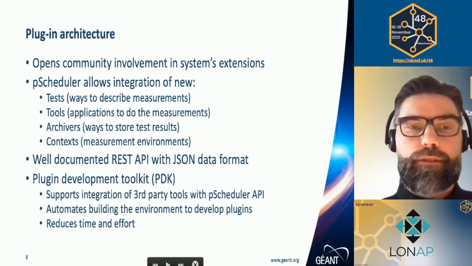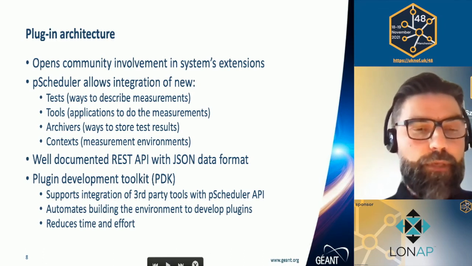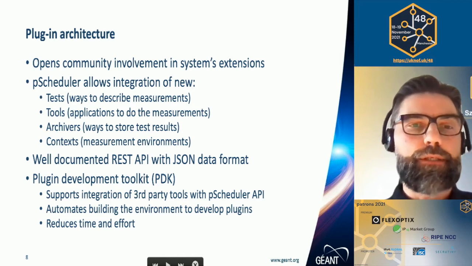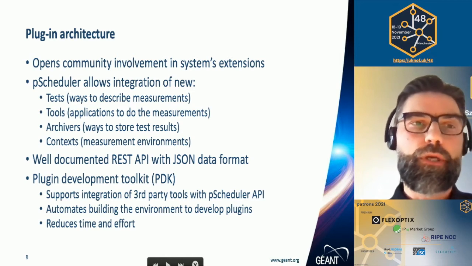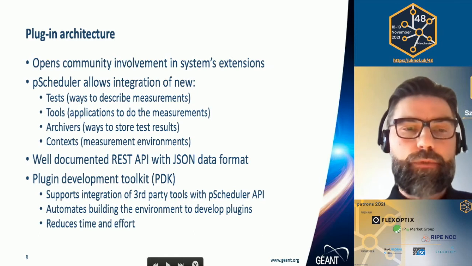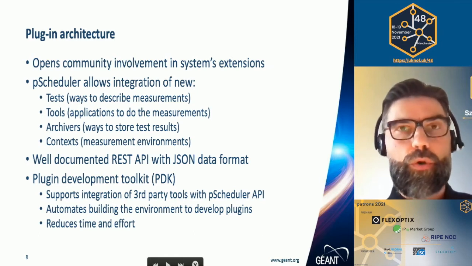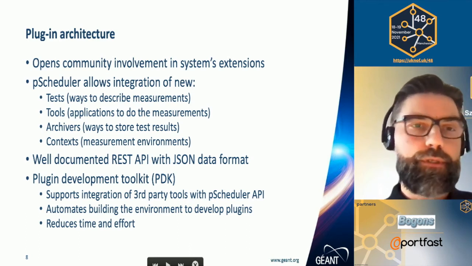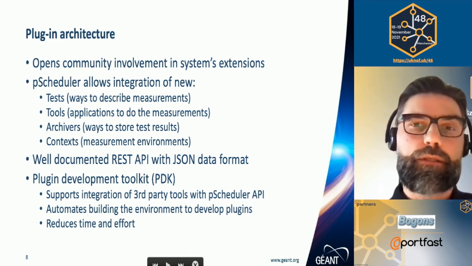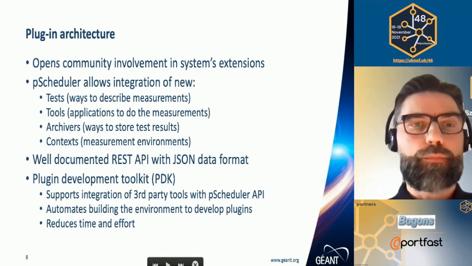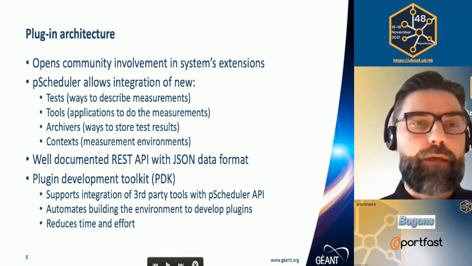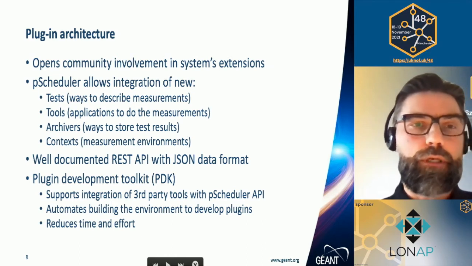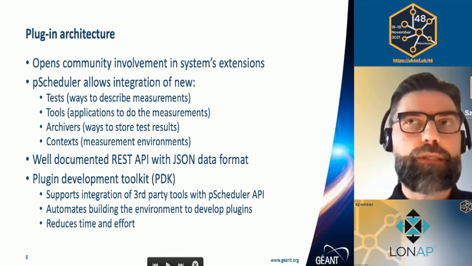Another type of plugin is Archiver. I mentioned that we have this time series database, but we also developed some other types of plugins when the users wanted to store the data in some other places or in a different way. So for instance, we have syslog. When the data then is sent in the JSON blob to syslog, we have an HTTP interface so that the data is available through this type of interface.